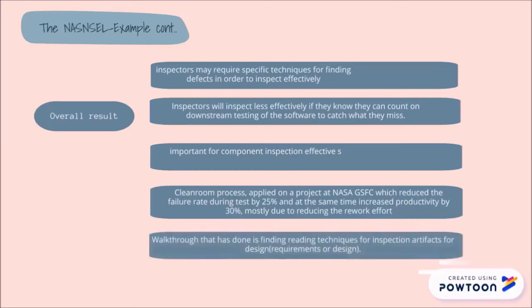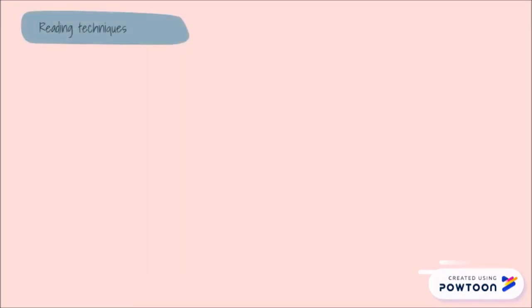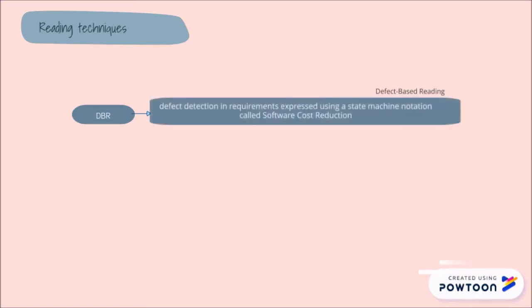Walkthrough research has found reading techniques for inspecting design artifacts. There are 5 reading techniques, the first of which is defect-based reading. It is for defect detection in requirements expressed using a state machine notation called software cost reduction. Next is perspective-based reading.